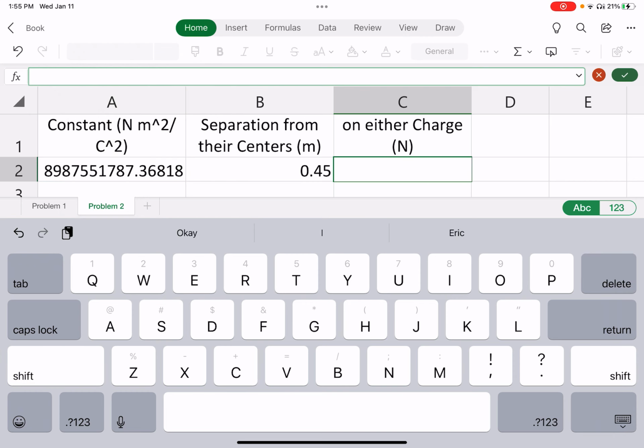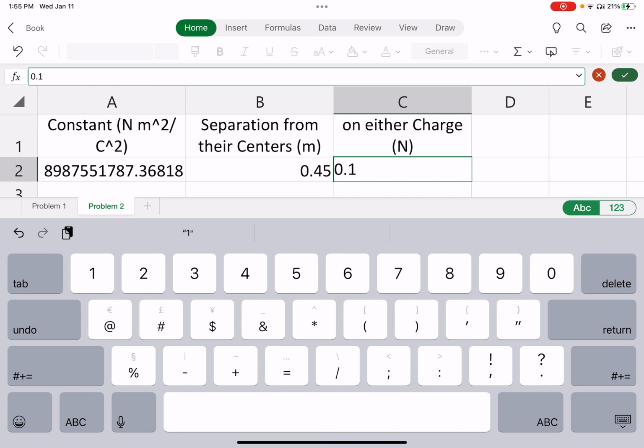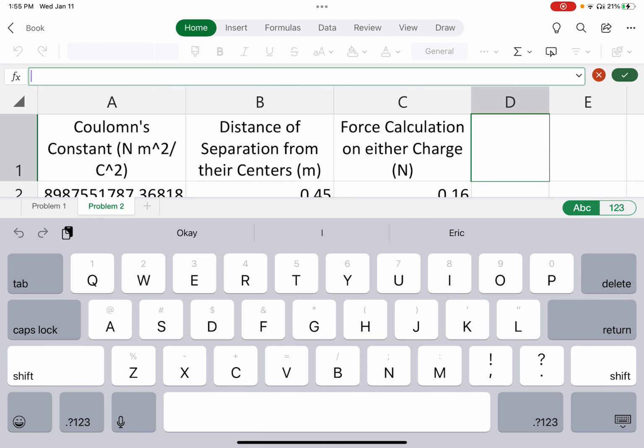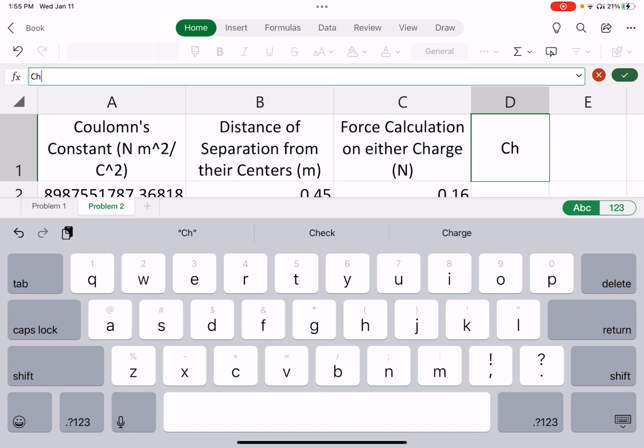We were given the force, and the force is 0.16. And so we want to calculate the charge. So what is the charge on each sphere? All right, so this is capital C.